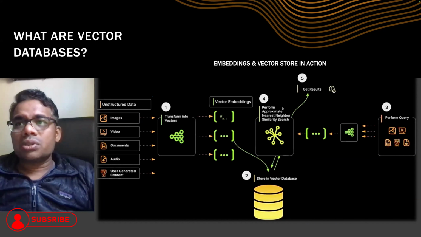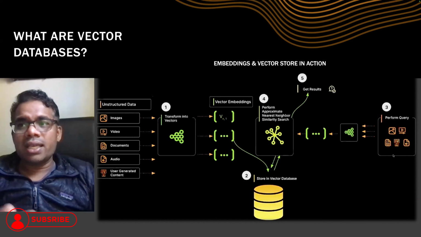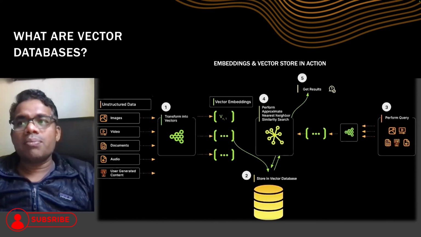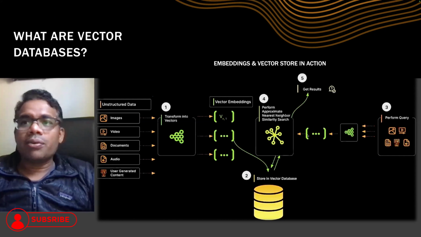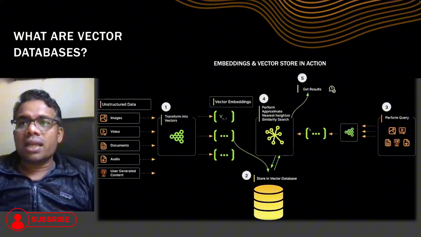Now comes the other way around. A query will be performed by any user. For example, the user will upload one image and say, okay, tell me about this image. Now that image also will first be converted into a vector, and from the vector converted into an embed. Once it is converted to an embed, it will be sent to the LLM to find the nearest neighbor.